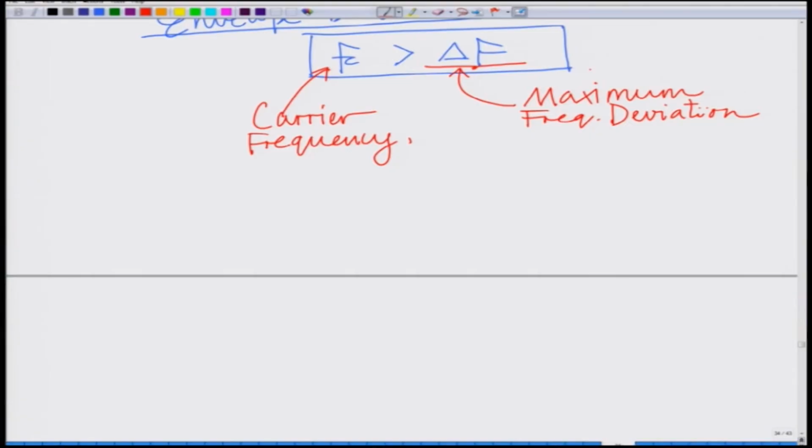However, this is naturally true for an FM signal, since the carrier frequency is a very high quantity compared to the frequency deviation. Let us take a typical example of an FM signal.